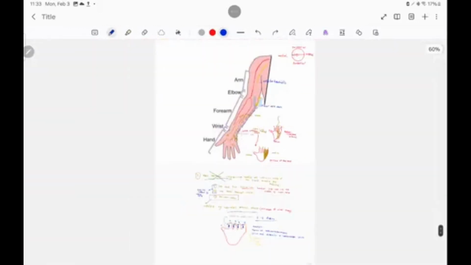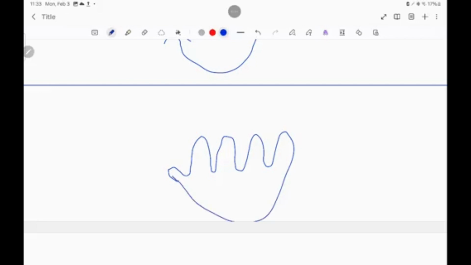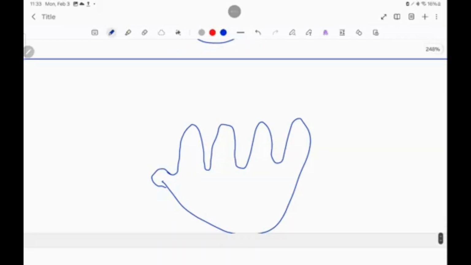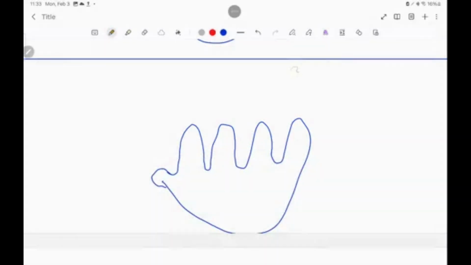So I'll draw what I mean by this. Here is the hand. We have this nerve, which is the superficial terminal branch.